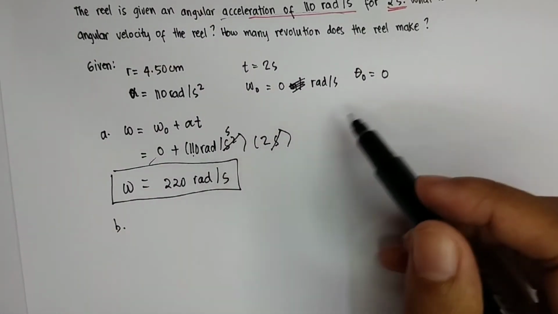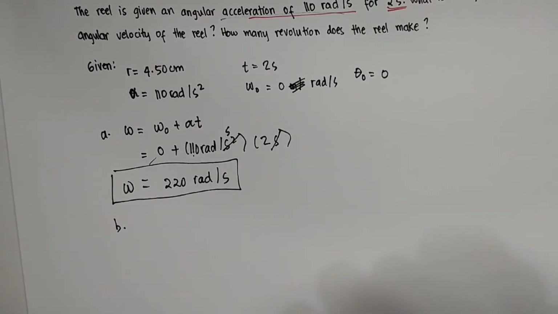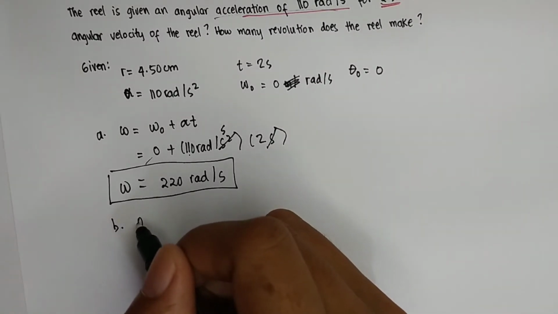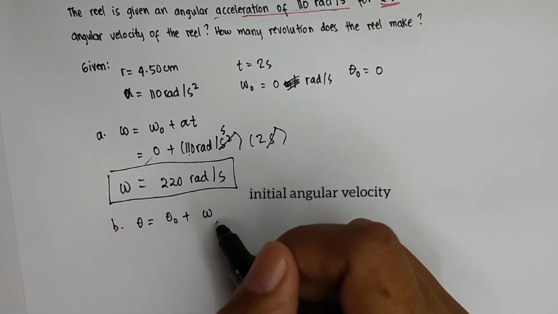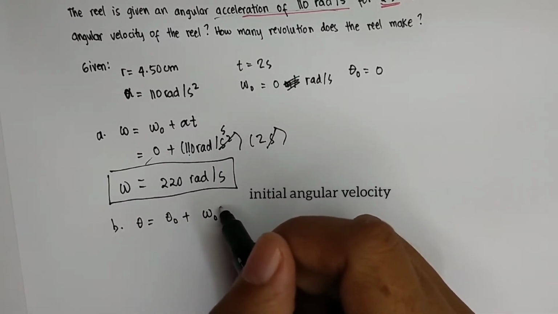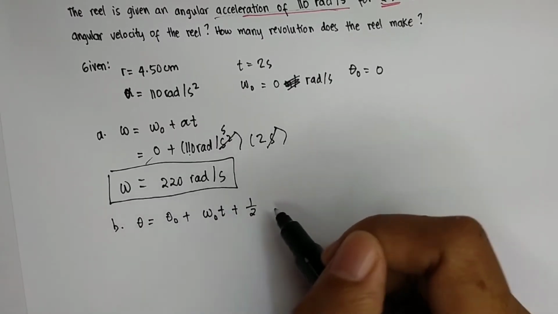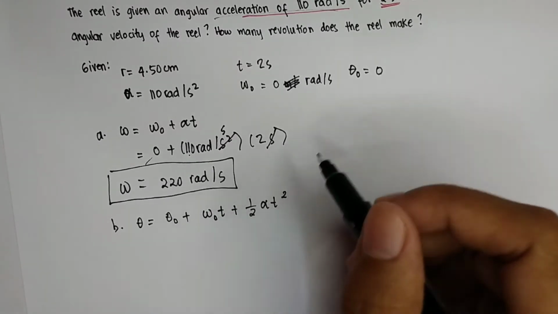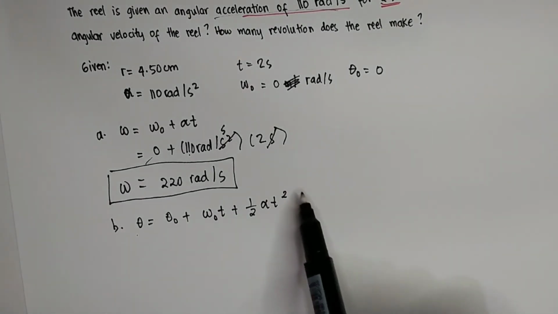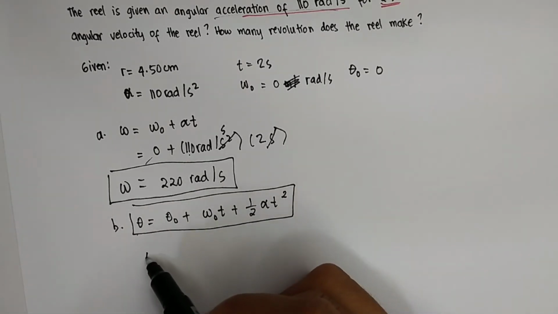Now we have our formula since we need to find our final angle: theta is equal to theta sub 0 plus our initial angular velocity times t plus 1 half our angular acceleration times t squared. This is the formula we will use.